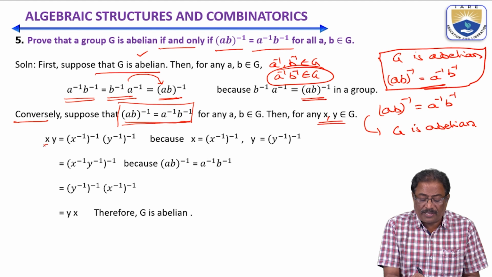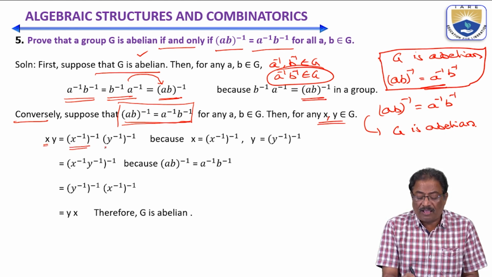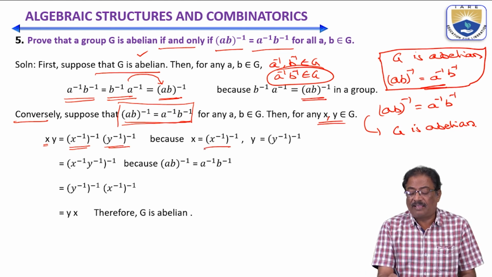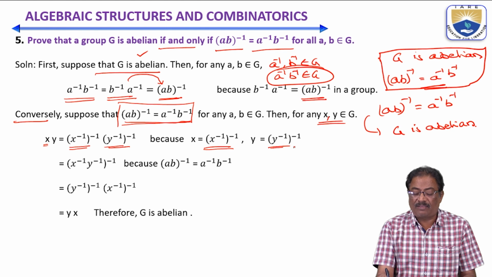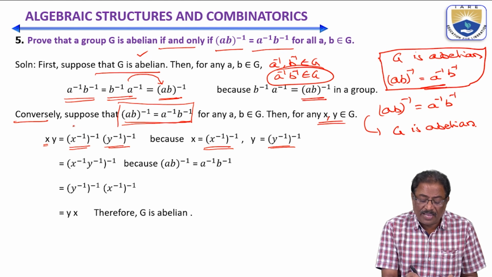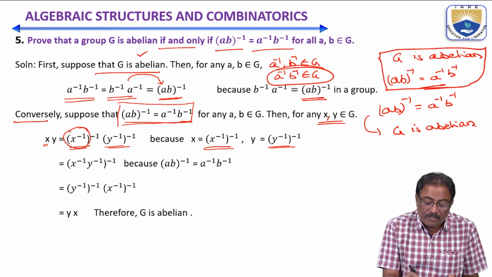Now I am going to write x as (x inverse) whole inverse and y as (y inverse) whole inverse. Then this is nothing but A inverse B inverse, where this whole thing is A and this is B.